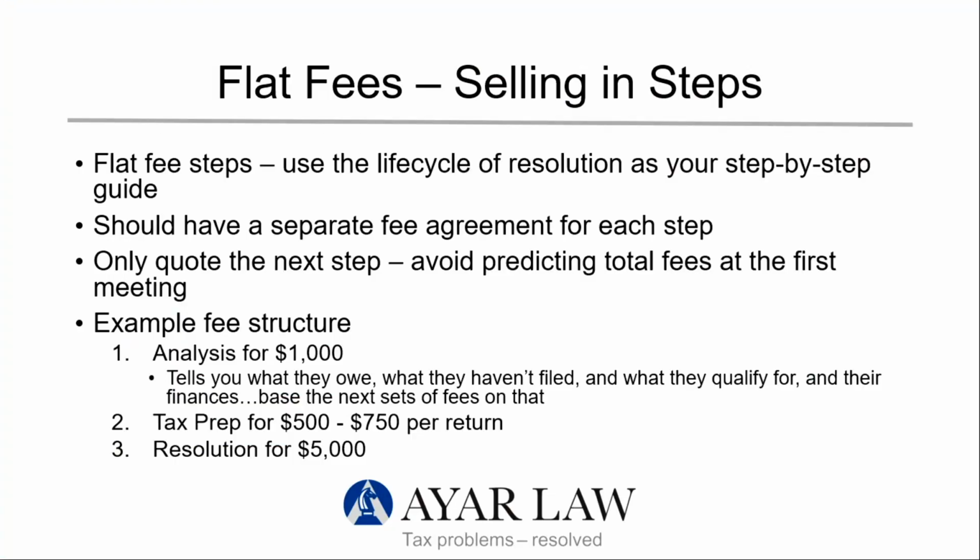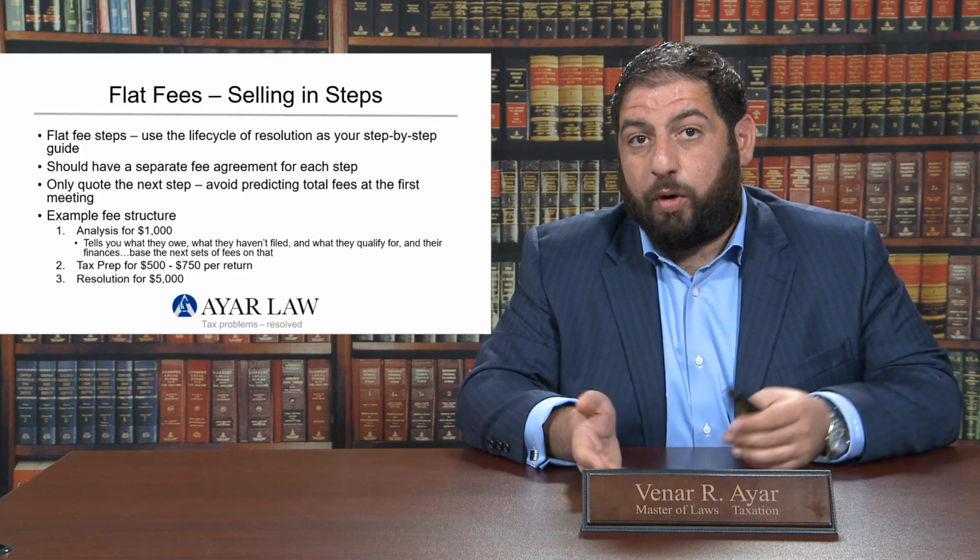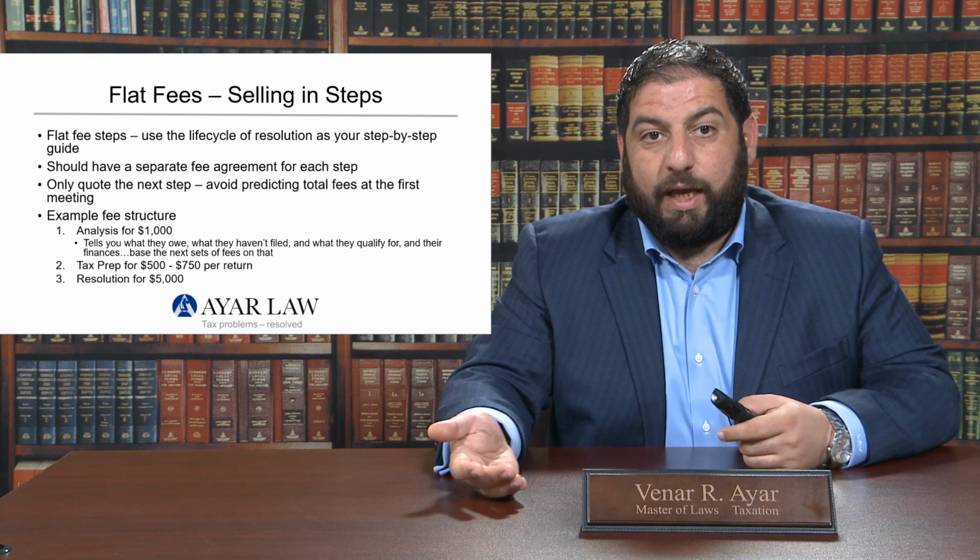And then if they have returns to do, I charge between $500 and $750 for each 1040. That doesn't include any accounting. That's assuming they can fill out organizers or they have W-2s. If there's any accounting work that needs to be done for me to get them a profit and loss, then that's billed by the hour.